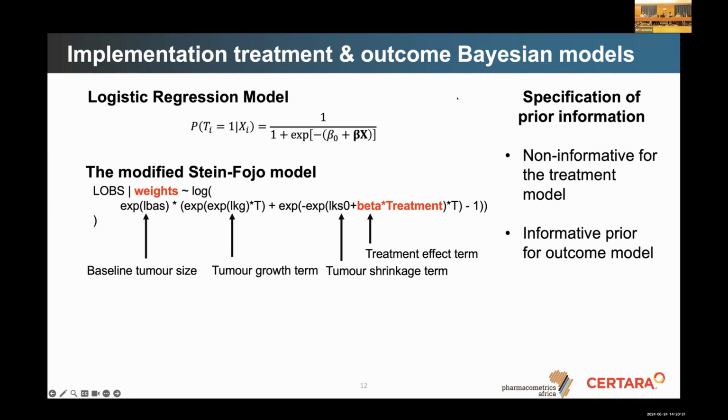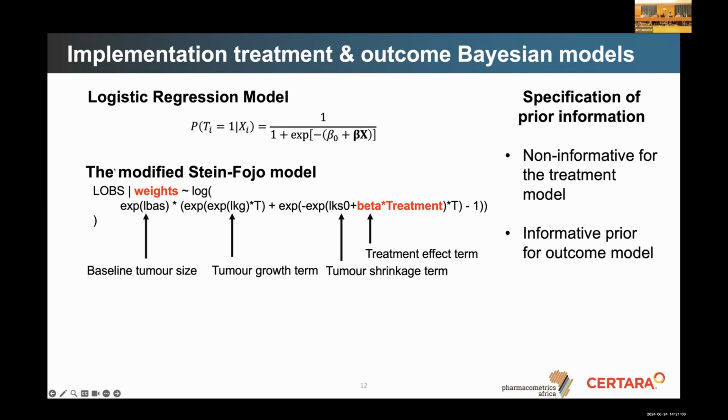So we also could specify priors on these particular models. Say we know information about a particular parameter here, we can specify such a prior or such a distribution, which we'll take advantage of. But for the logistic regression treatment model, we have not specified any prior, but we've used non-informative priors. Normally, the default priors that come with the software.